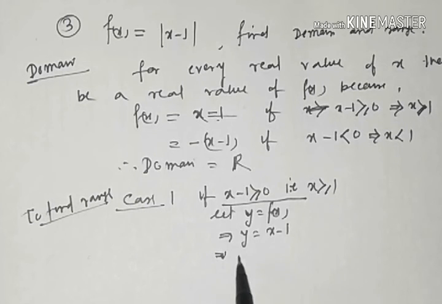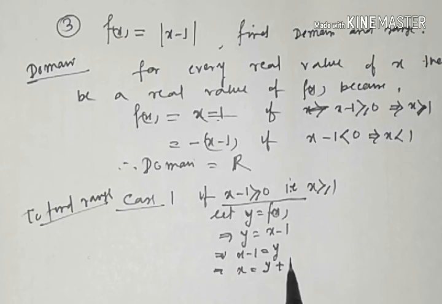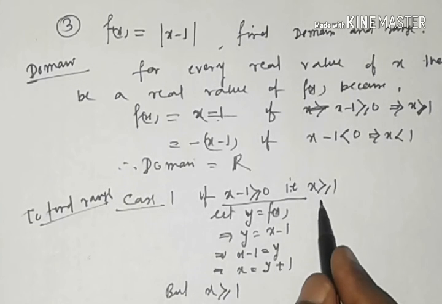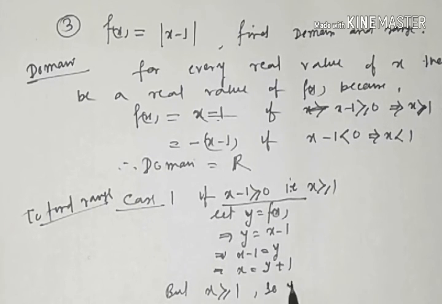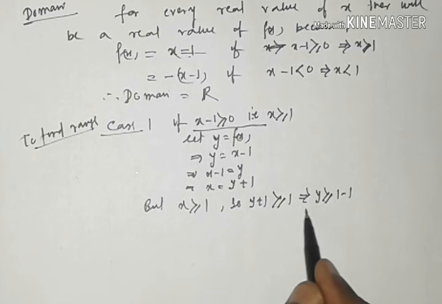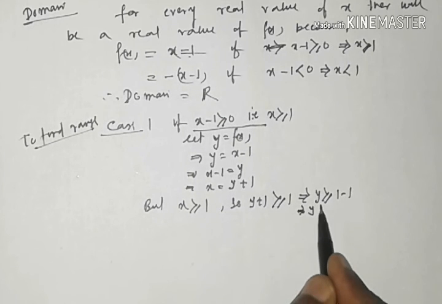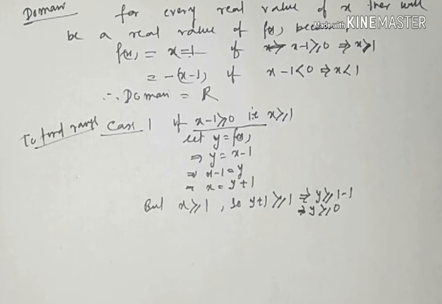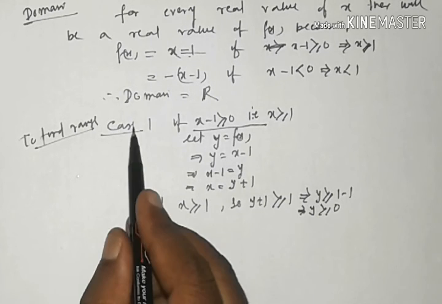This implies x = y + 1. But x is greater than or equal to 1, so y + 1 is also greater than or equal to 1. This implies y is greater than or equal to 0. This is from case 1.